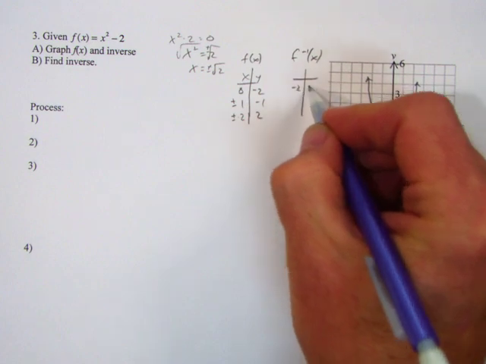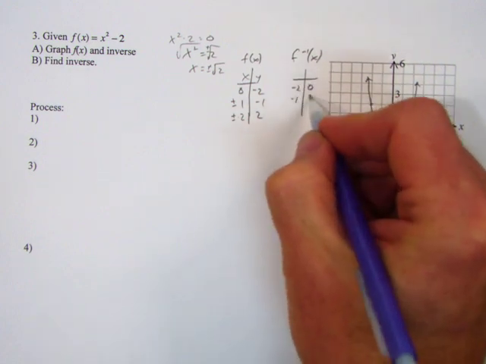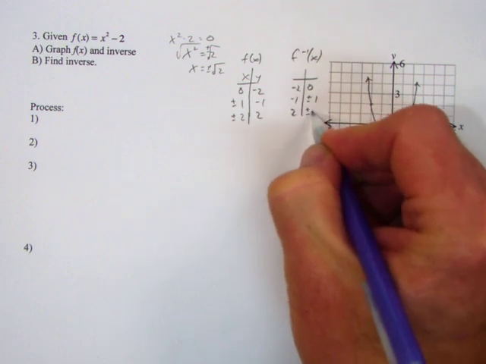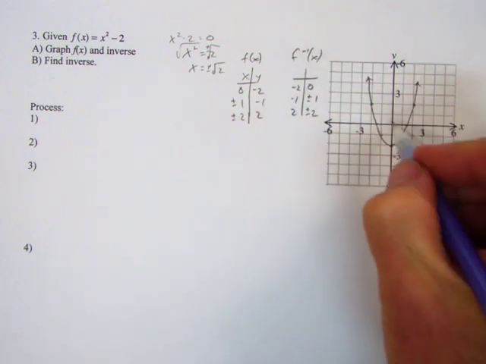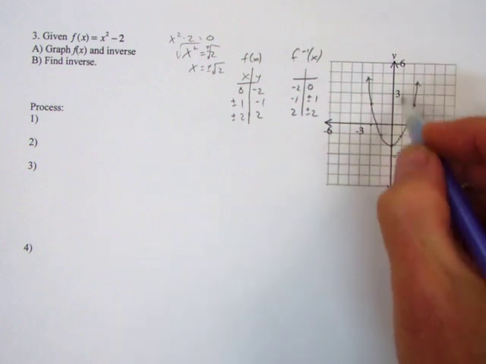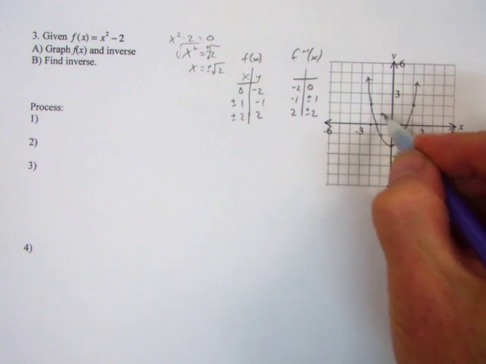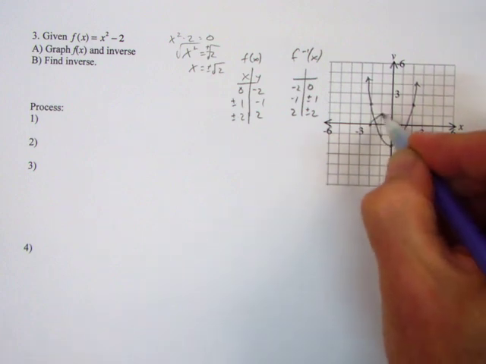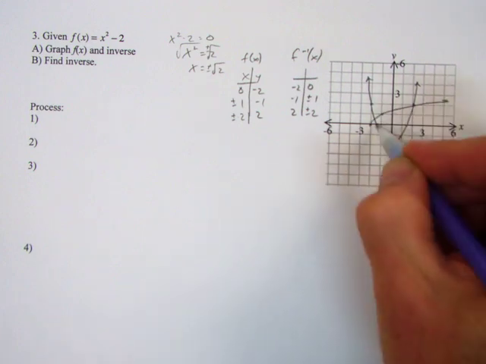So we'll have negative 2 comma 0, negative 1 comma plus or minus 1, and then 2 comma plus or minus 2. If we plotted those, the graph looks like this.